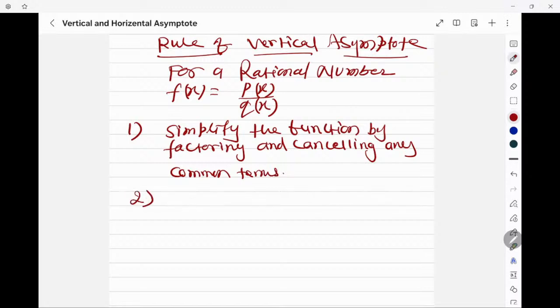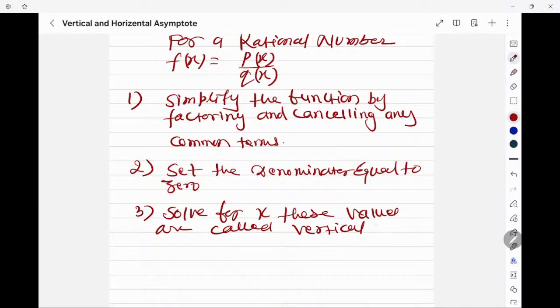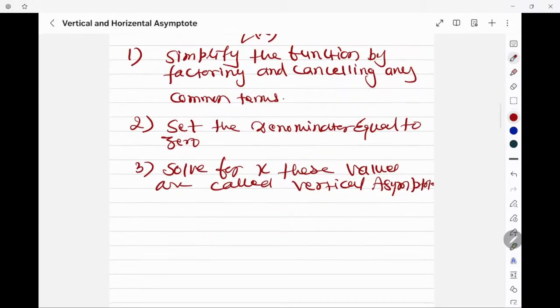Second, set the denominator equal to 0. Third, solve for x. These values are called vertical asymptotes. Okay, vertical asymptote.